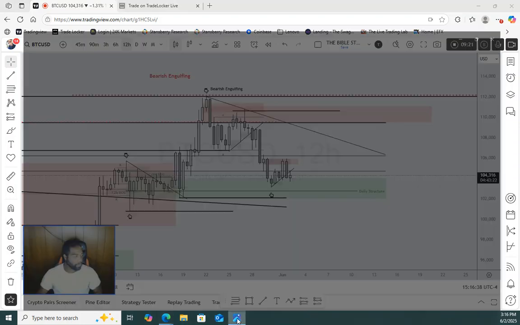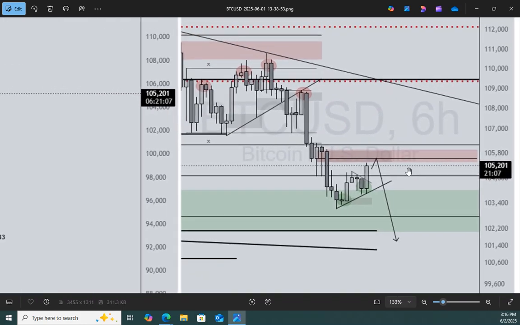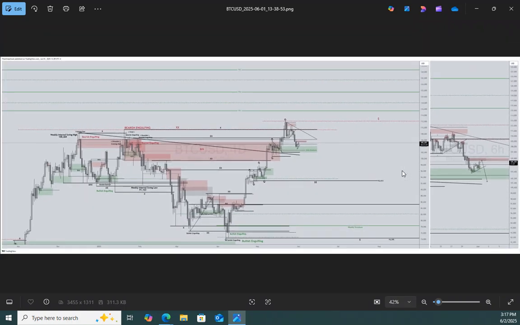So I can just go to it and then go ahead and go in. So the screenshot, you can see dates don't lie. Time don't lie. This is what it was. This is where price was at.